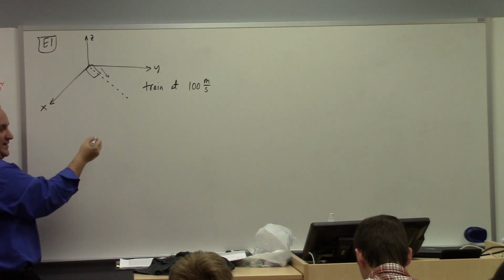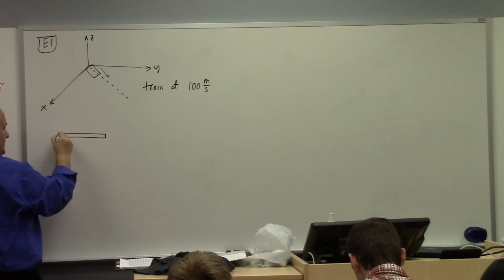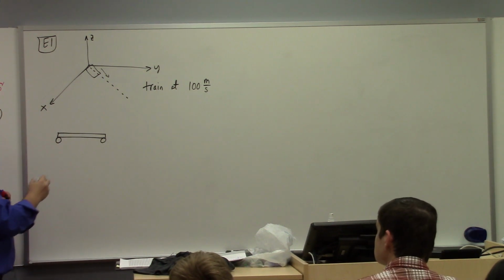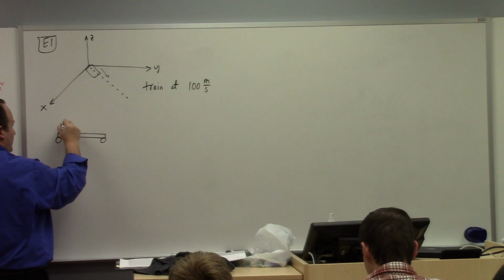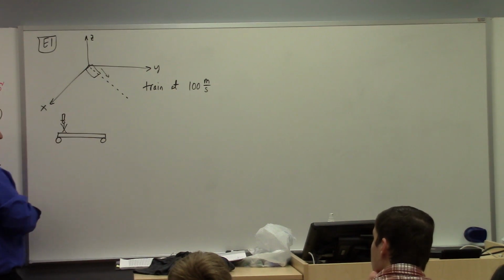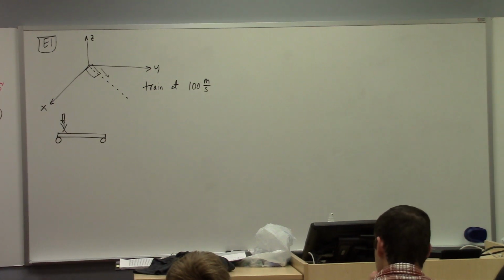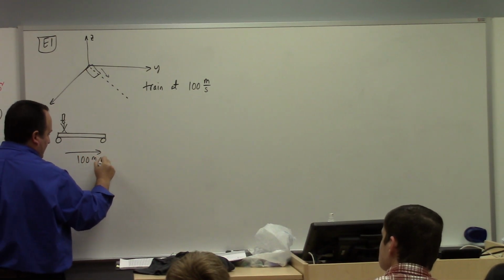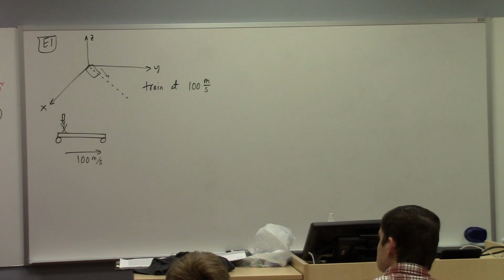But then let me draw a picture like this. Here's the train, and on that train Mr. Top Hat is there, moving at 100 meters per second, like this. Don't question how Mr. Top Hat isn't blown off, just accept it.